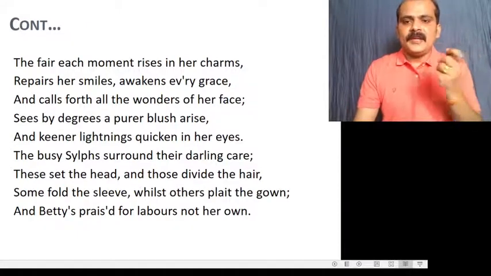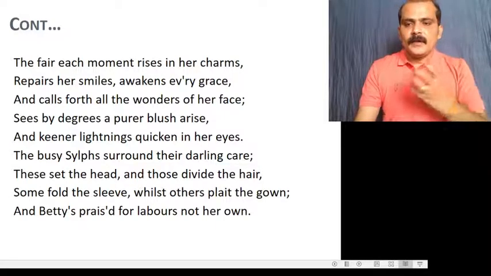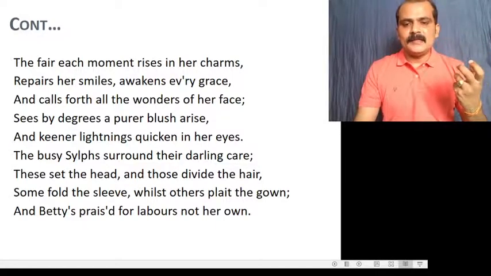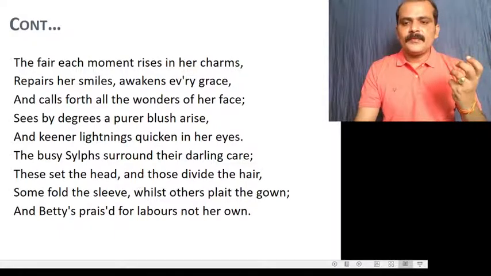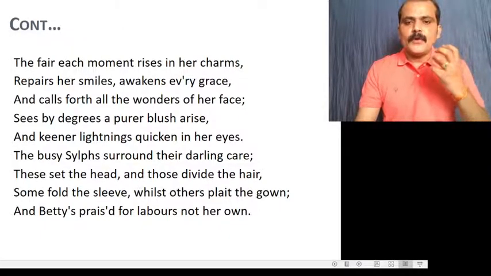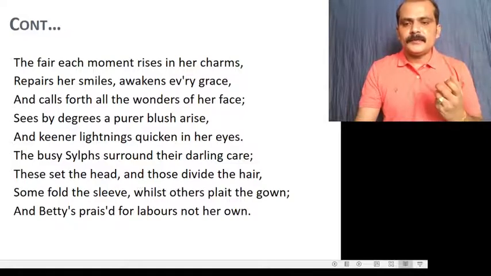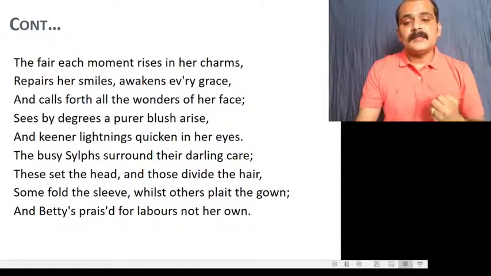The fair each moment rises in her charms, repairs her smiles, awakens every grace, and calls forth all the wonders of her face. Sees by degrees a purer blush arise, and keener lightnings quicken in her eyes.